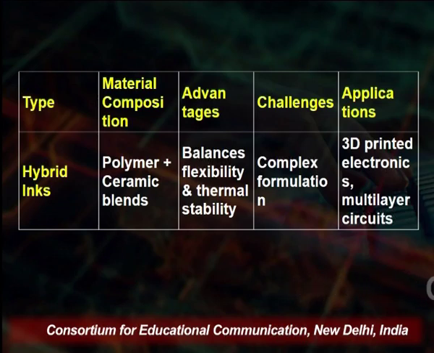Again we are using the ceramic, so it is thermally stable. So we can use it for 3D printing, or for the multi-layer circuits we can prepare by this hybrid ink. We can prepare a device layer by layer also. There are challenges, it has a complex formulation, and the choice is very important here.